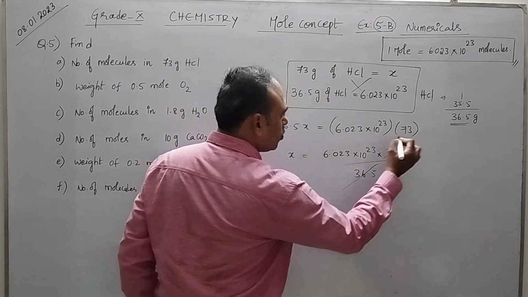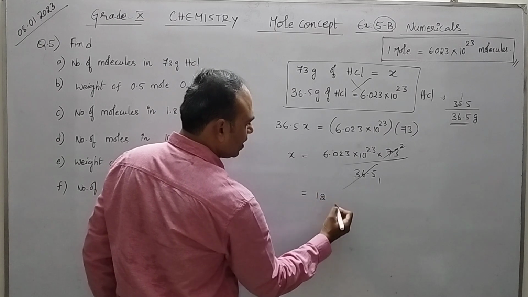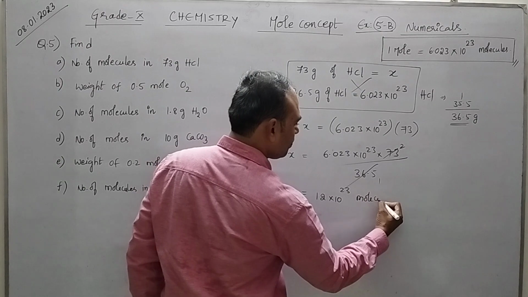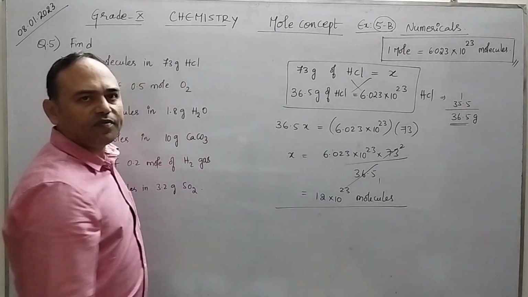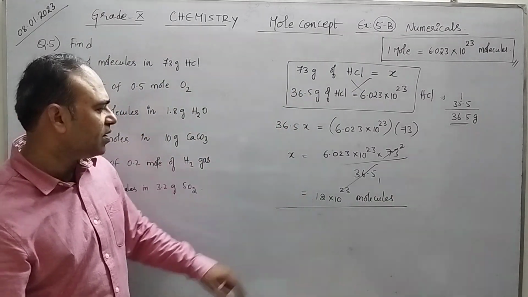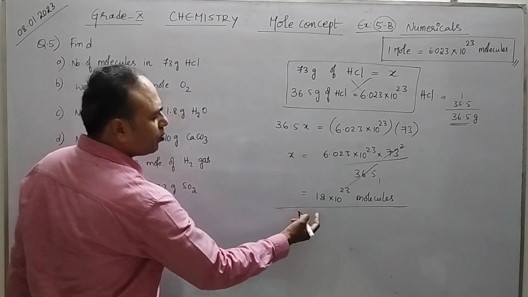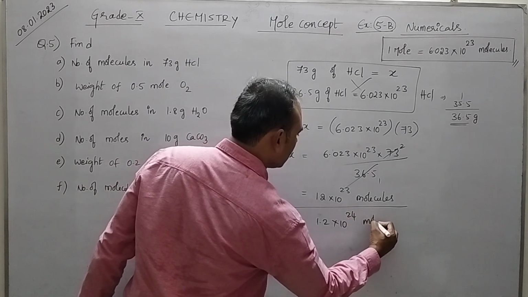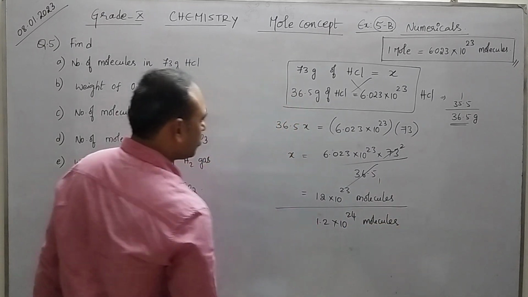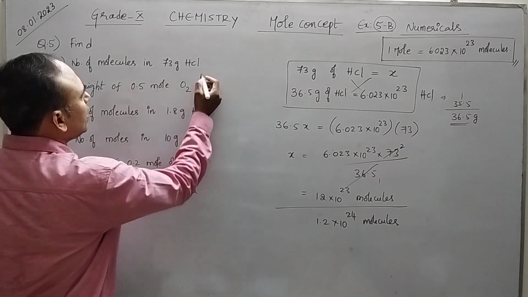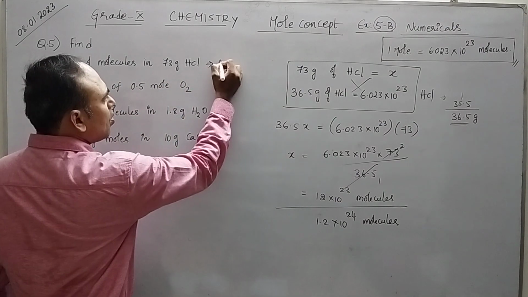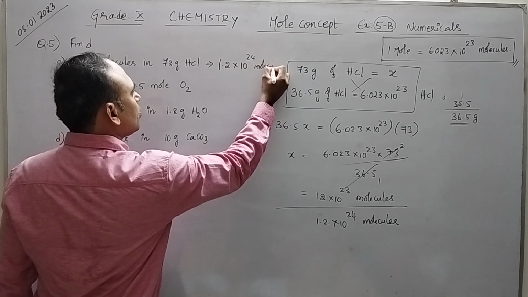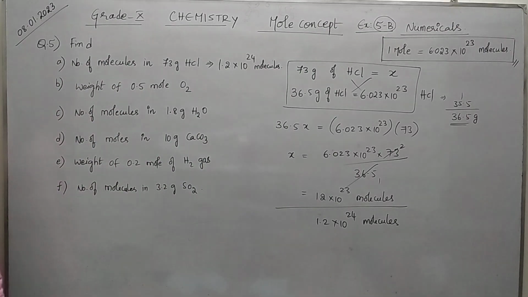So 73 by 36.5 is 2, therefore roughly you can take it as 12 into 10 to the power of 23 molecules, and according to scientific notation we can write it as 1.2 into 10 to the power of 24 molecules. So the number of molecules in 73 grams of HCl is 1.2 into 10 to the power of 24 molecules. Hope you have understood this. We have written the answer here.